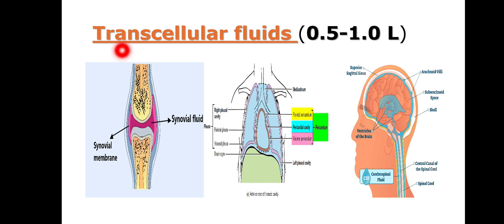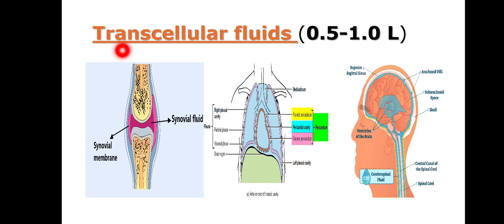Okay. Now, this is the transcellular fluid that I was describing. Remember I said the extracellular fluid is a general term. Under extracellular, we care about where this fluid is found. We have the interstitial fluid, the plasma fluid, and the transcellular fluid. Interstitial fluid, we said, is fluid that's found between the cells.